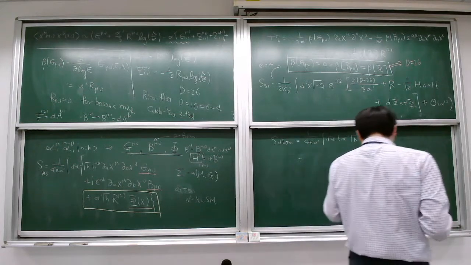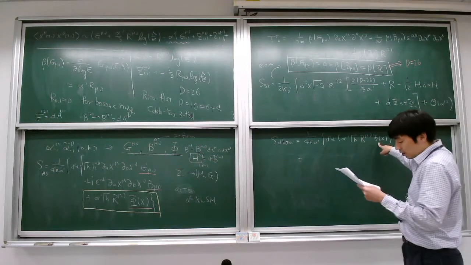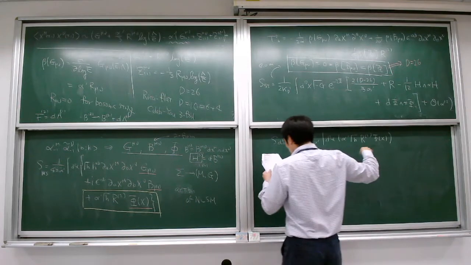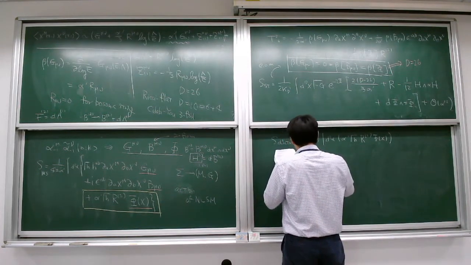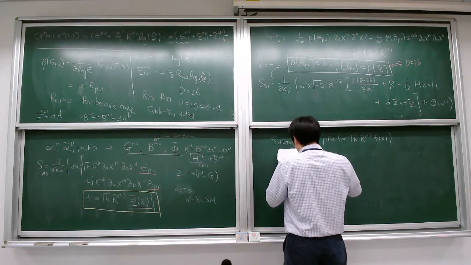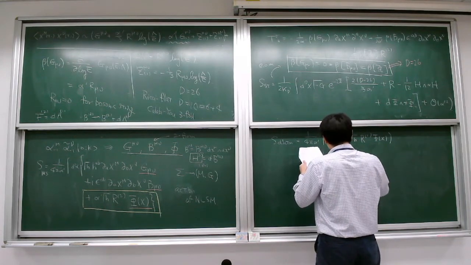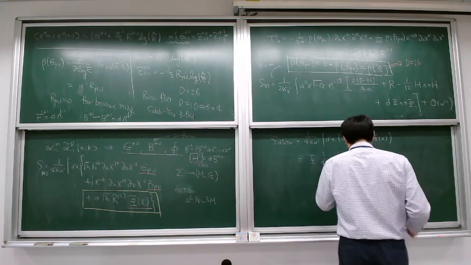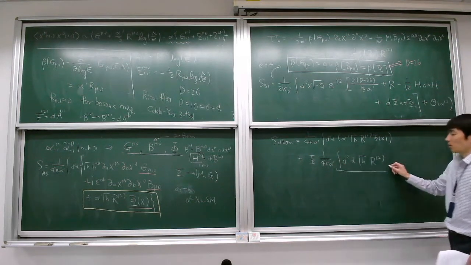If you assume phi to be a constant, if you consider phi as taking an expectation value, then what you will get is phi times 1 over 4 pi alpha prime times the integral d squared x h R2. So this quantity is well known to be a topological invariant.